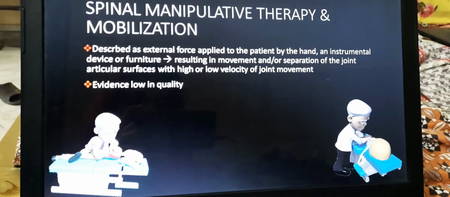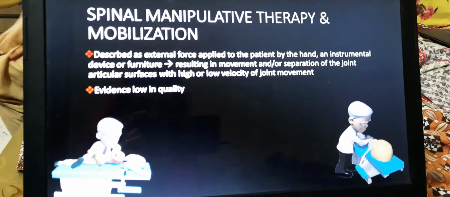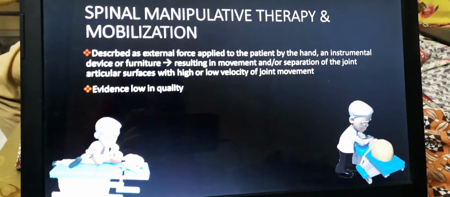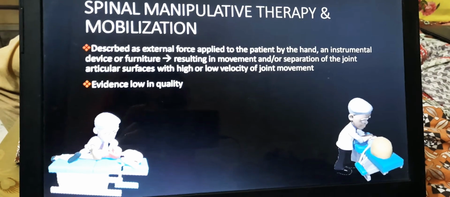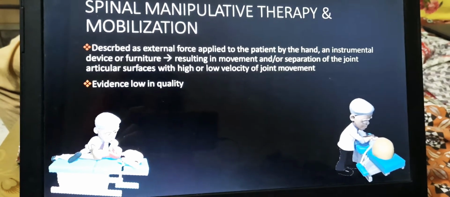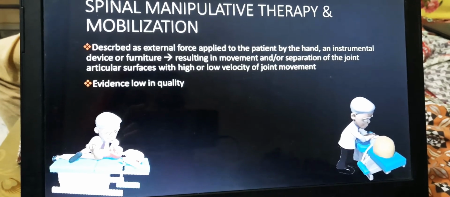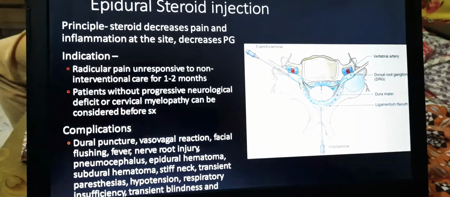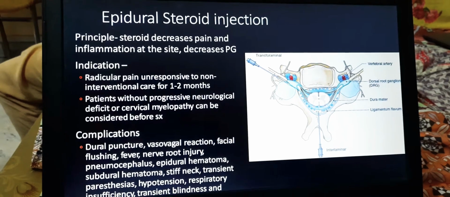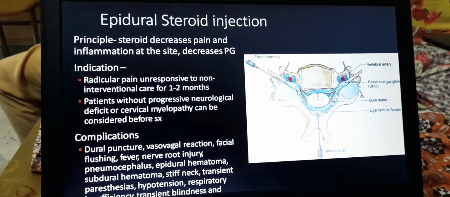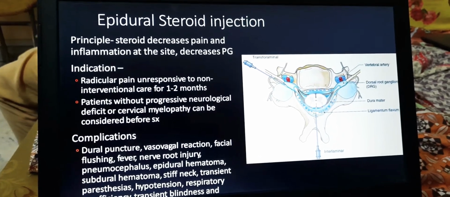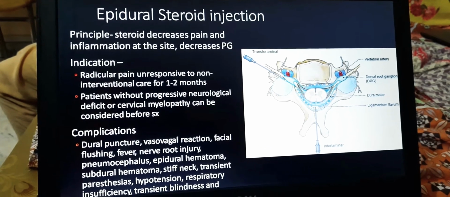Spinal manipulative therapy and mobilization are described as external force applied to the patient by the hand, an instrumental device or furniture, resulting in the movement or separation of the joint articular surfaces with high or low velocity of the joint movement. Epidural steroid injection: its principal steroid decreases pain and inflammation at the site and decreases prostaglandins.